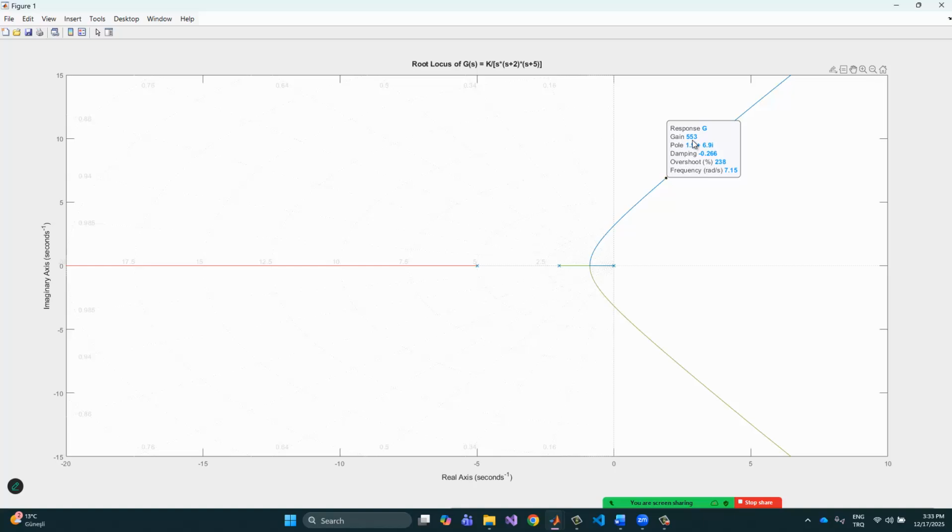Okay, and if I change the point, just see that the gain equals 553. We have a pole of 1.9. What's the meaning of the positive pole in here? Can anyone say that?